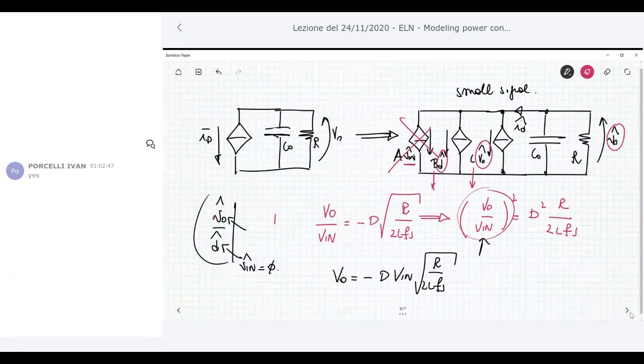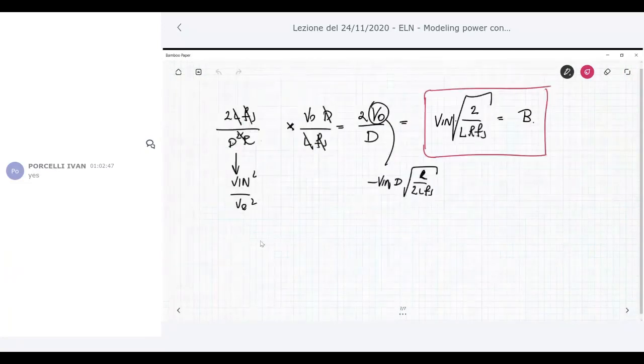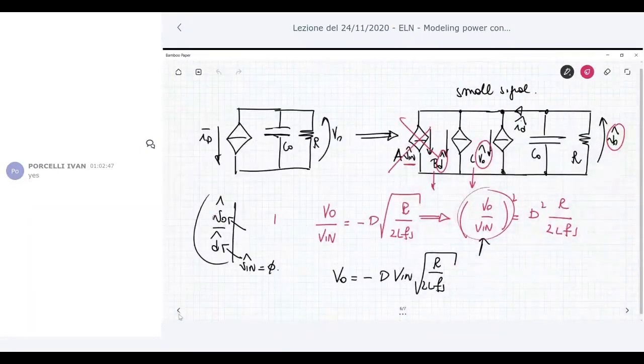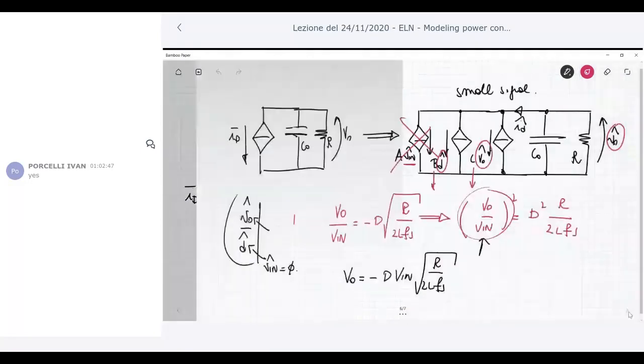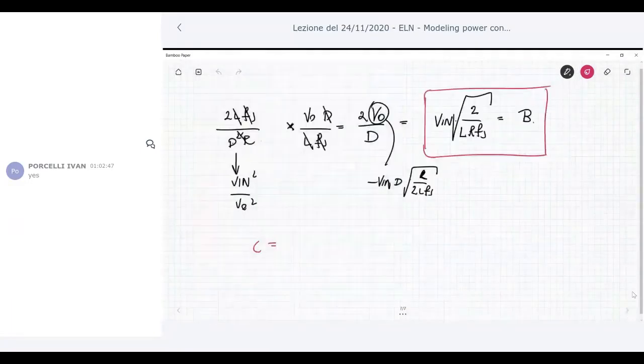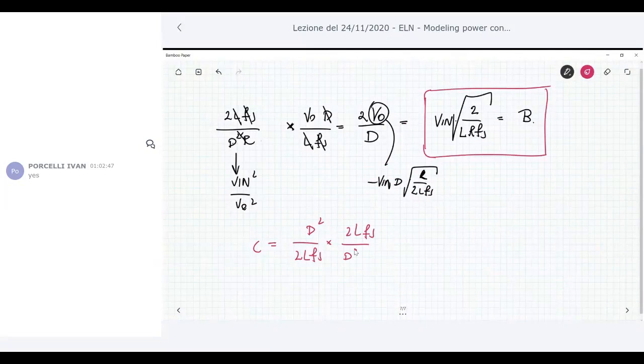And if you get in the coefficient C, try to not have the same mistakes as before. This is D squared over 2LFS, multiplying 2LFS divided by D squared over R. Okay, this is again V in square over V naught square.